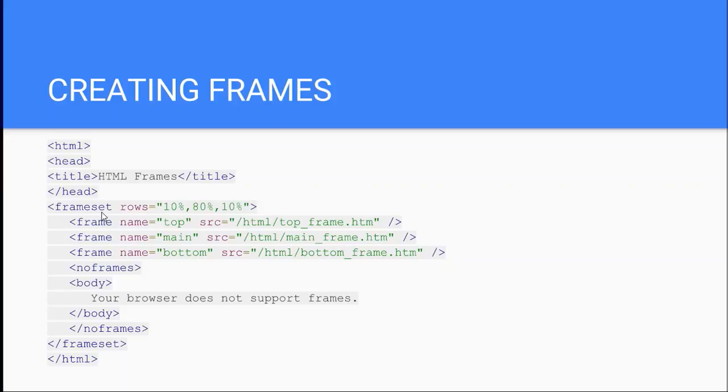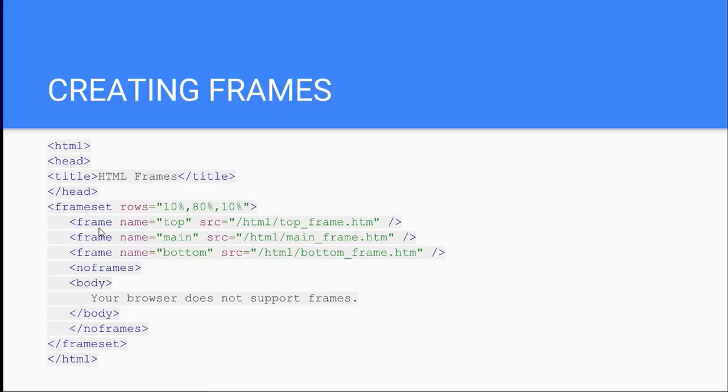The rows attribute of a frameset tag defines the horizontal frames and the columns attribute defines the vertical frames. Each frame is indicated by the frame tag and it defines which HTML document shall open into the frame.